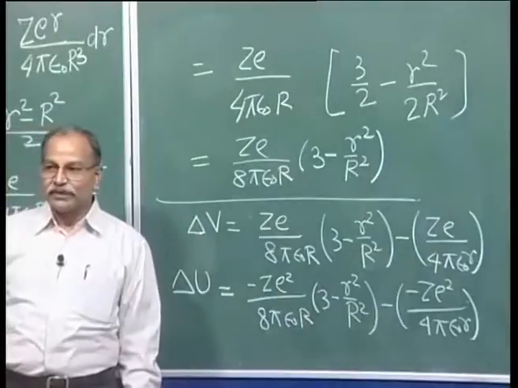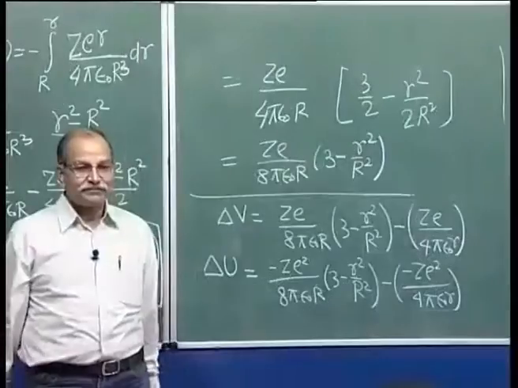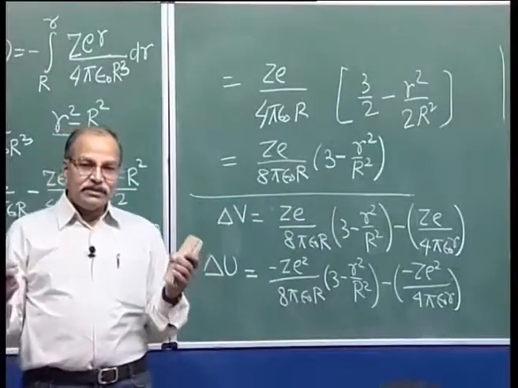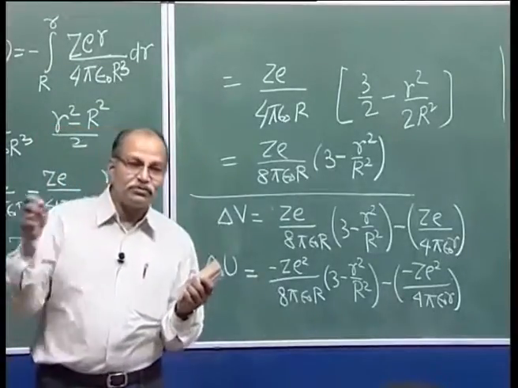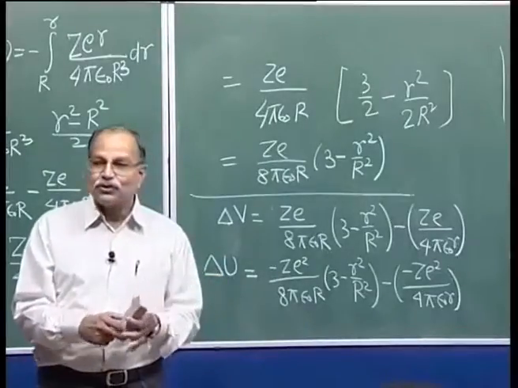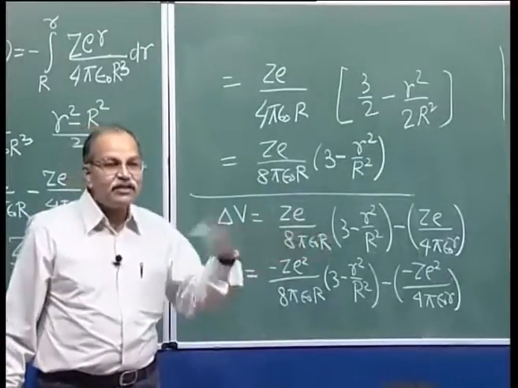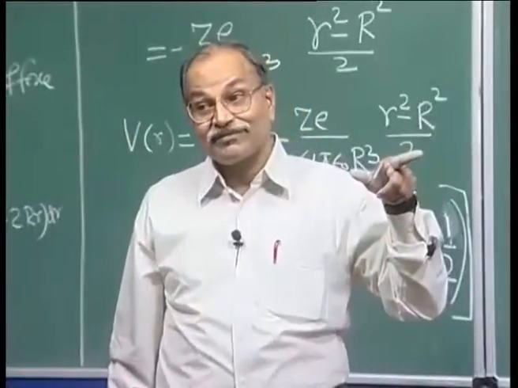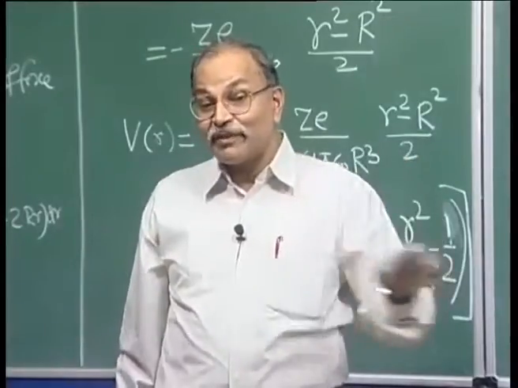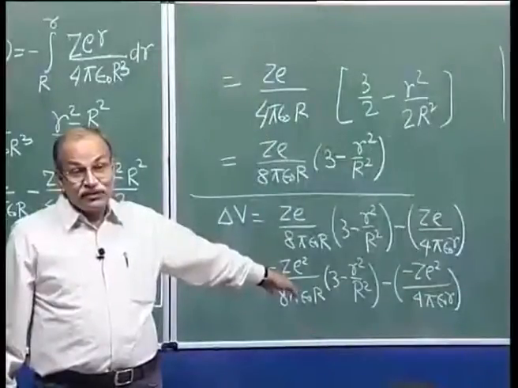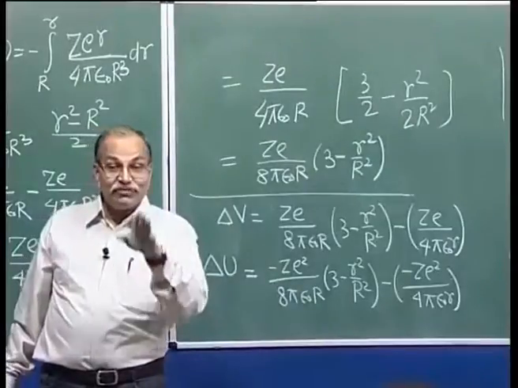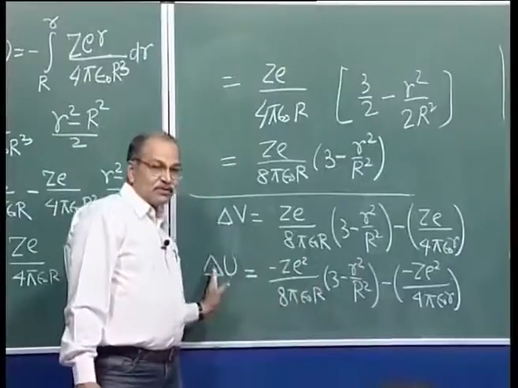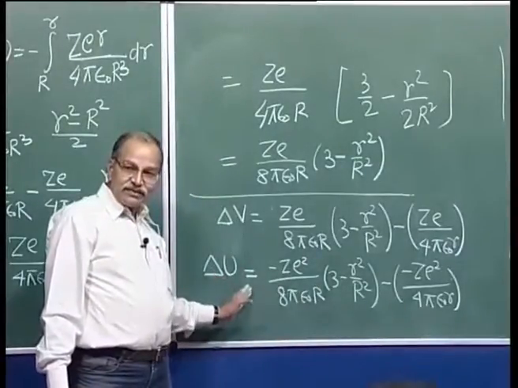Okay. Now, a little bit on quantum mechanics. What I have obtained is the change that you have to bring in if you want to write the spherical nucleus potential. Now, look at the Hamiltonian. The Hamiltonian is also changed by this amount. It was minus h cross square by 2 m del square plus potential energy. Potential energy is changed by this amount. So, the Hamiltonian is also changed by this amount.